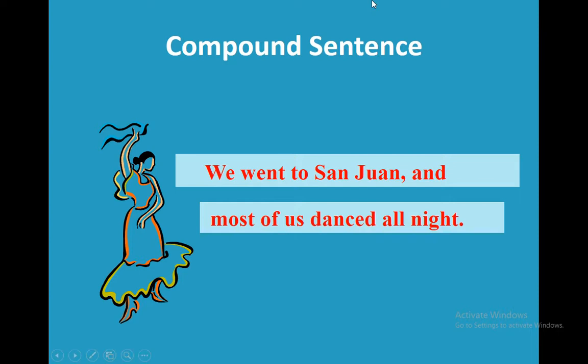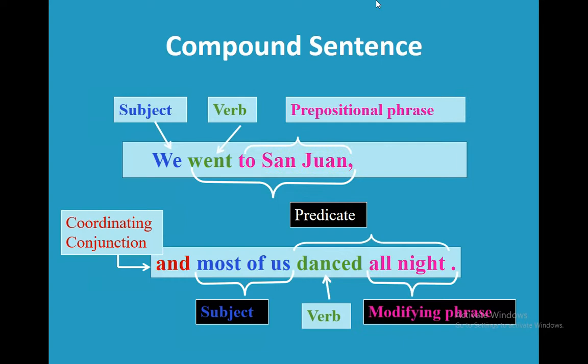Notice this sentence. We went to San John and most of us danced all night. Here we have two complete thoughts or two independent clauses, two simple sentences that are linked with a coordinating conjunction. Look at this. We went to San John.